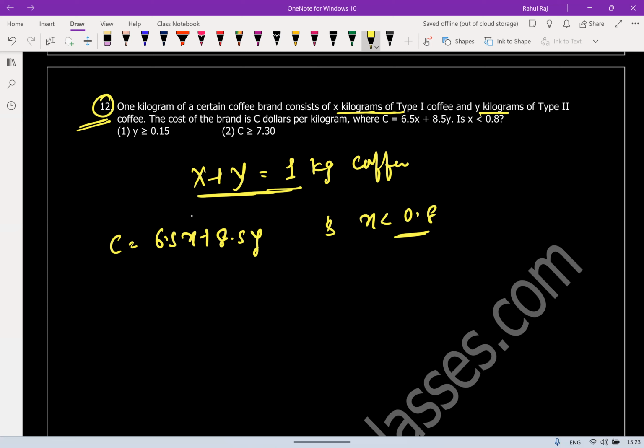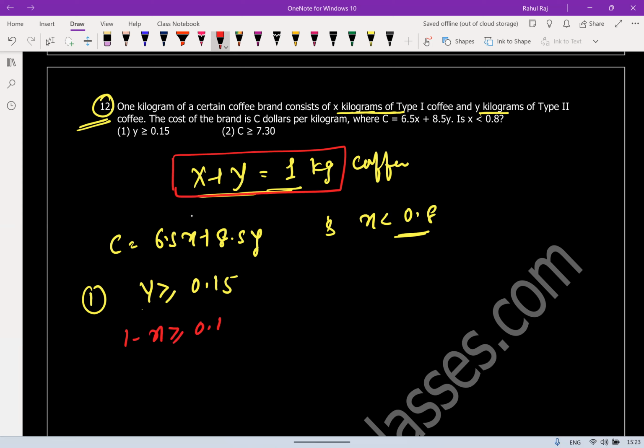Option number 1 says that y is greater than or equal to 0.15. What is my question? Is x less than 0.8? Now, how do I get y in terms of x? From the information given, x plus y is equal to 1. So I can say y is equal to 1 minus x, which is greater than or equal to 0.15.